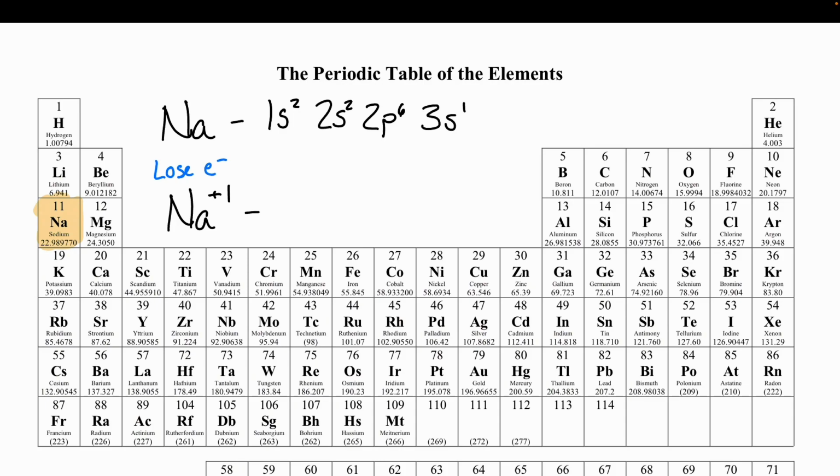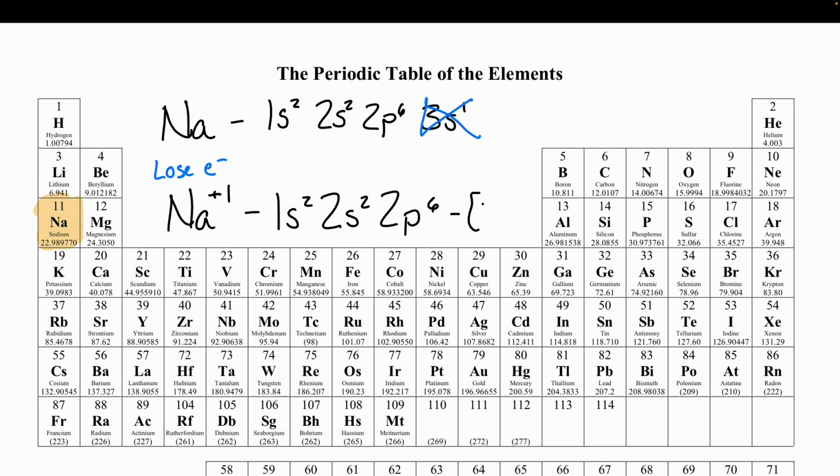So I'm going to get rid of one of those electrons from my electron configuration. Which one do we think we're going to scrap? That 3s1. All right, so 1s2, 2s2, 2p6 will be our sodium ion's electron configuration. And which element shares that same electron configuration? Neon, again, one of our noble gases.